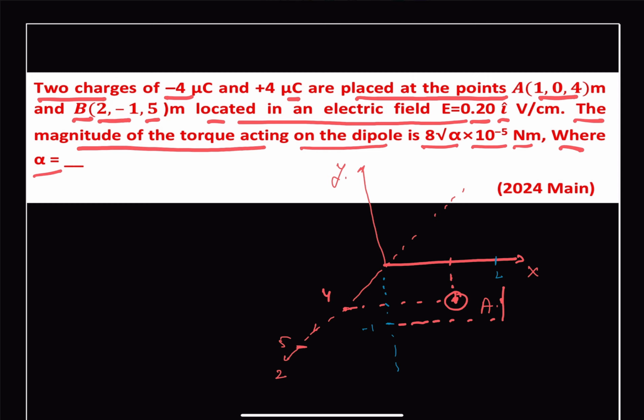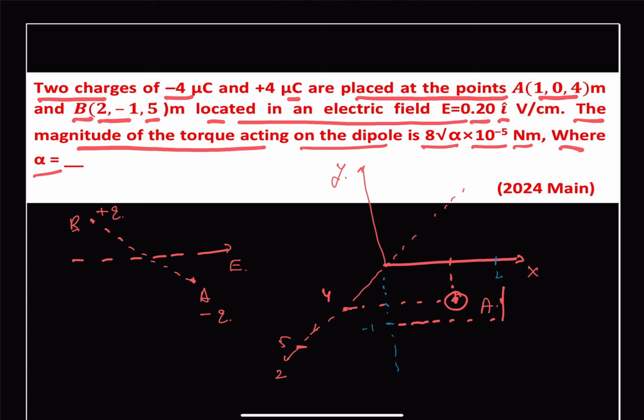Let me draw. So we have the electric field, that is E, in the x direction, and we have a charge, something like this. This is our A and this will be our B, and A is given as minus Q and B is given as plus Q.